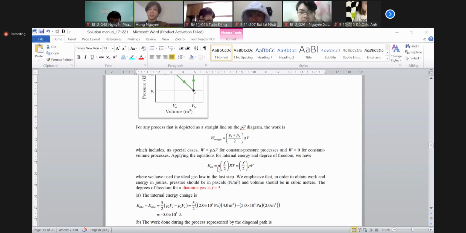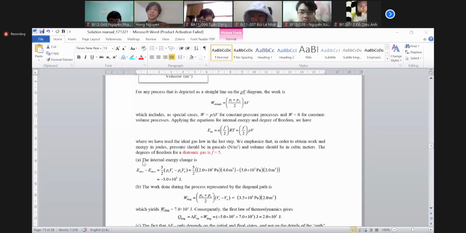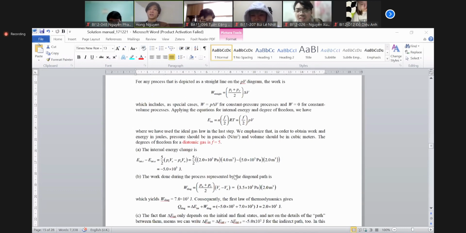So here the internal energy equals n f over 2 RT, okay? And since we have a PV diagram, what we know is the pressure and the volume. Then we reread this expression. Now we can calculate the change in internal energy.